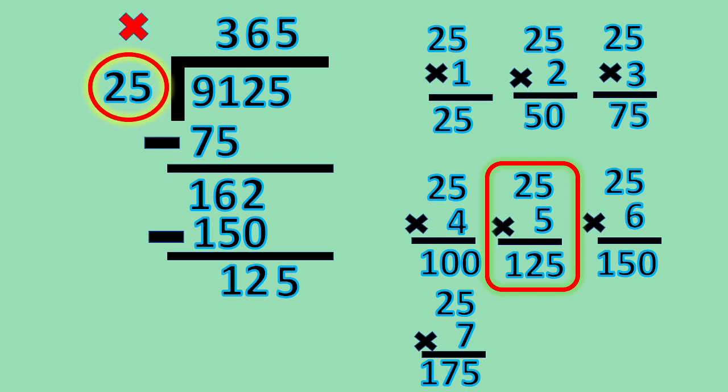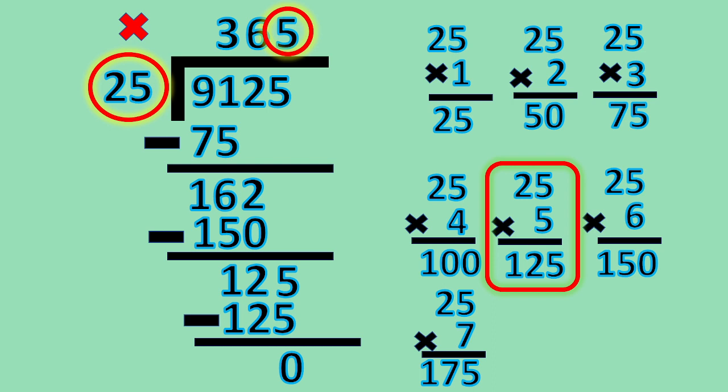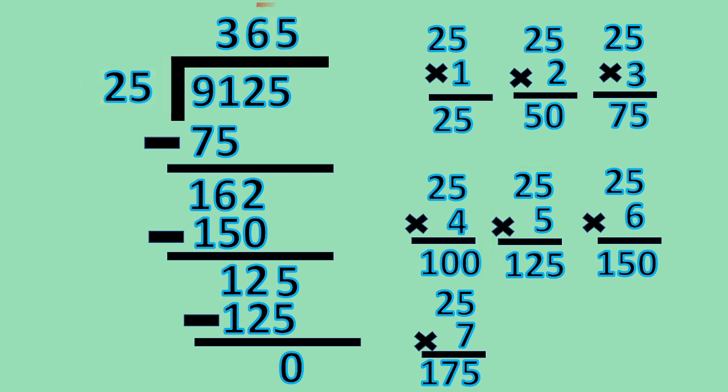So 25 times 5 is equal to 125. Subtract 125 minus 125 is equal to 0. Since we are not left with any digit of the dividend to bring down, so we are done. So the quotient is 365.